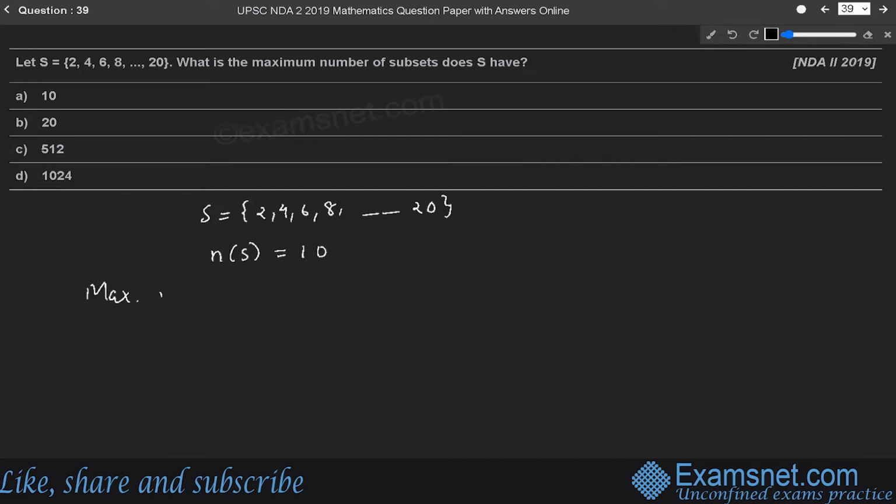Therefore, the maximum number of subsets will be equal to 2^10, which can be written as 2^5 into 2^5. So it will be equal to 32 into 32, which is equal to 1024. Therefore, the maximum number of subsets which S has is 1024. So the correct option here is option number D.